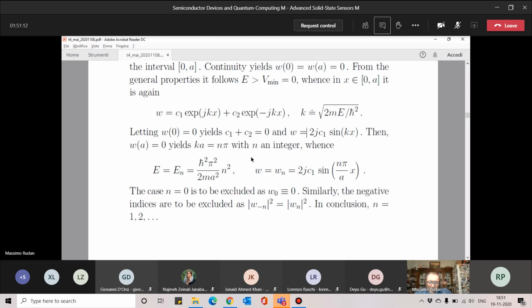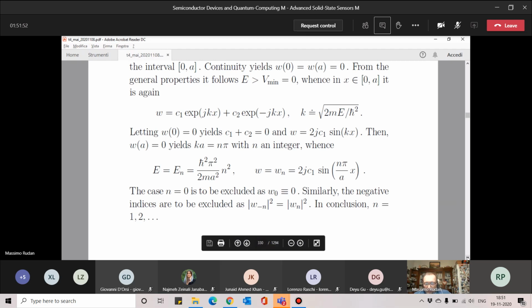Also, we exclude the negative indices because the physical information related to the position of the electron is related to the square modulus of W, and of course the square modulus of W and the square modulus of minus W are the same, because when you change the sign of n, the sine function changes sign, but the square modulus does not. So the numbers n that we should select are 1, 2, whatever, up to infinity.